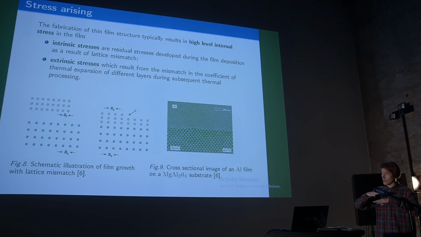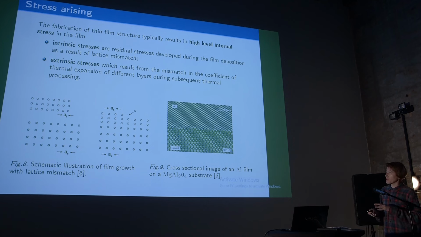And finally, if we want to connect them to each other, we need to stress, for example, the film. So here you can see that the top layer is a little bit stressed.